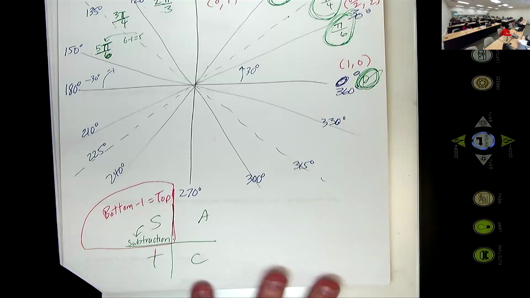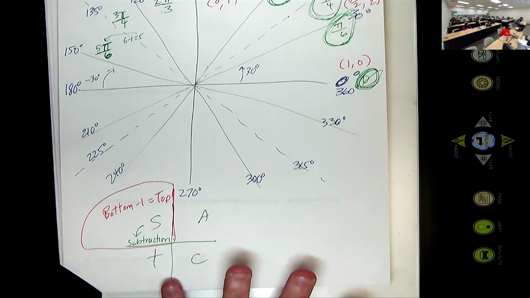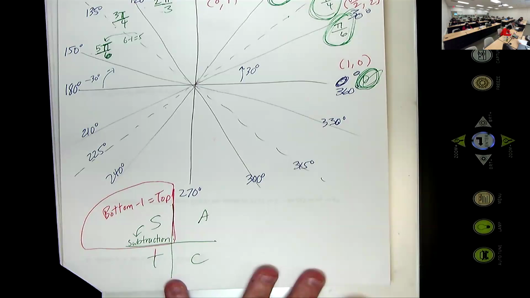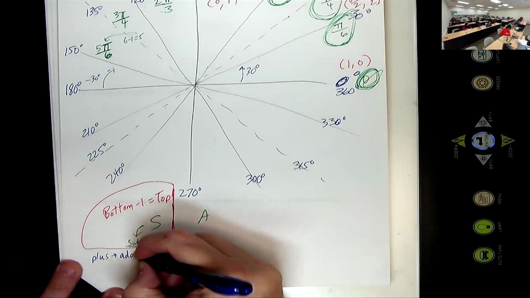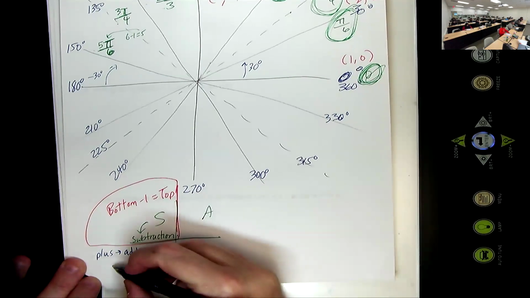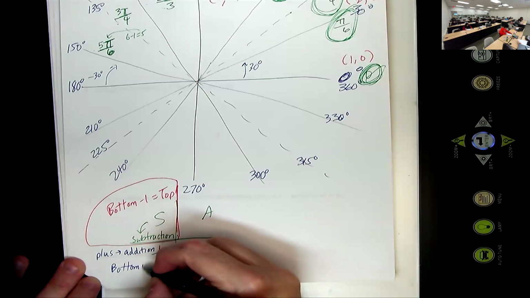If I use a lowercase t for the T in take, lowercase t looks like a plus sign. Plus sign represents addition. So it's gonna be bottom plus 1 equals top.